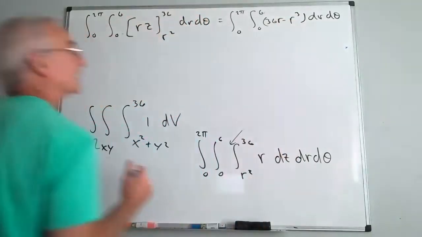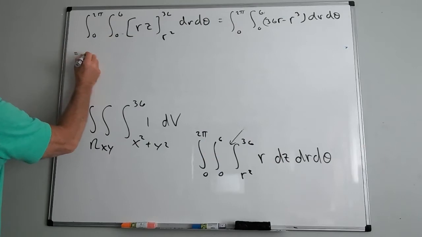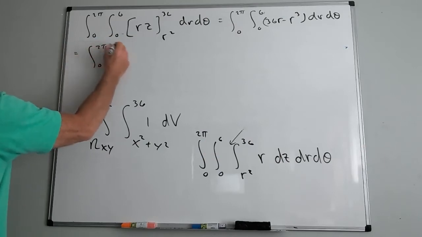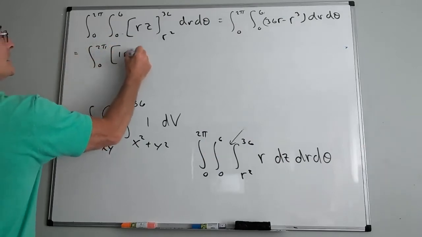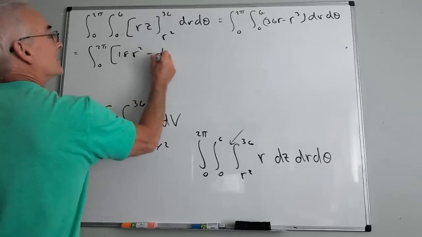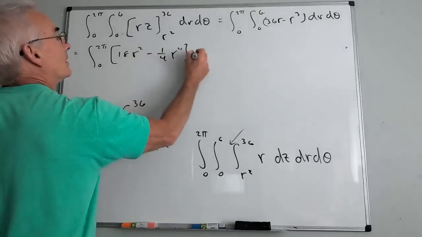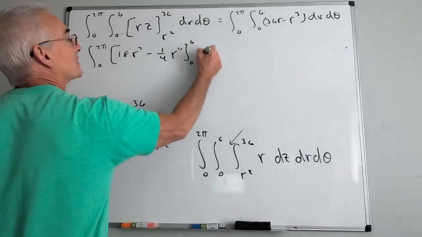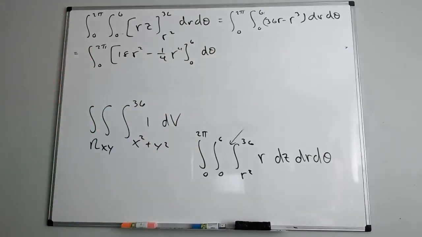36r minus r cubed. Now integrating with respect to r, you have 18r squared minus 1/4 r to the 4th from 0 to 6 d theta. And what would that give us?